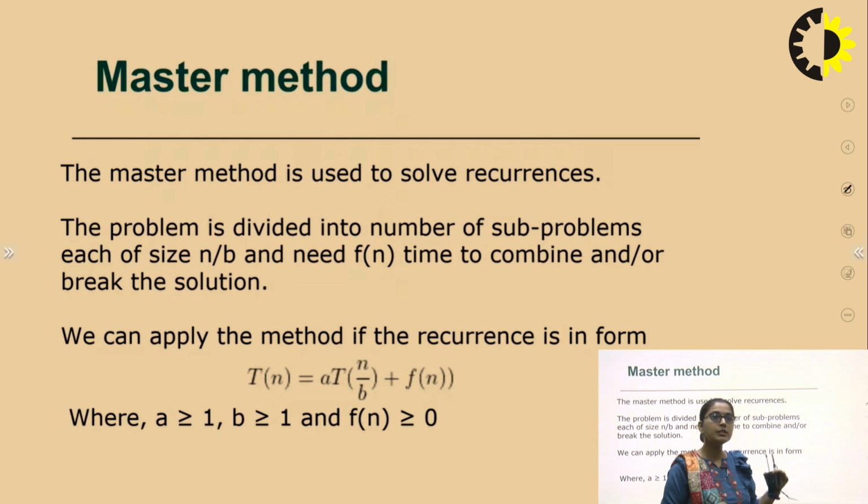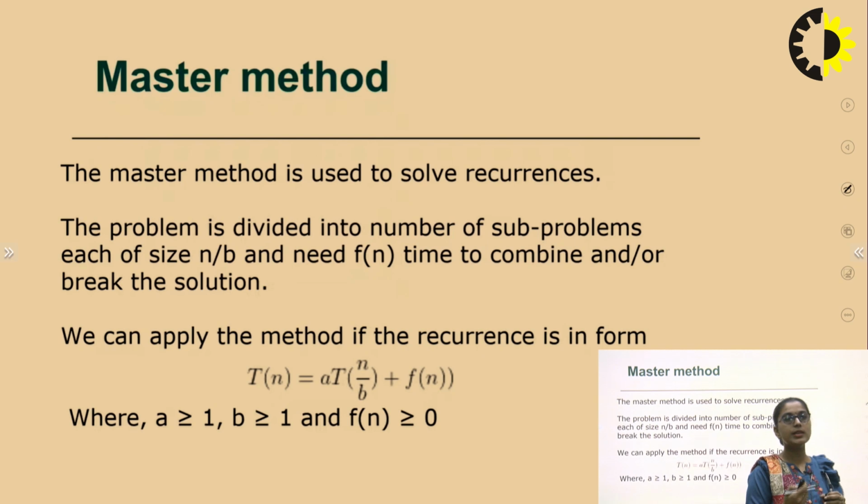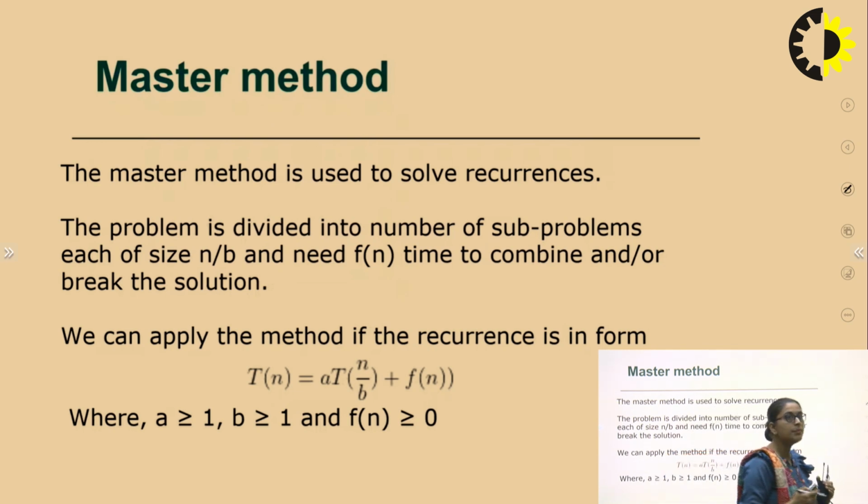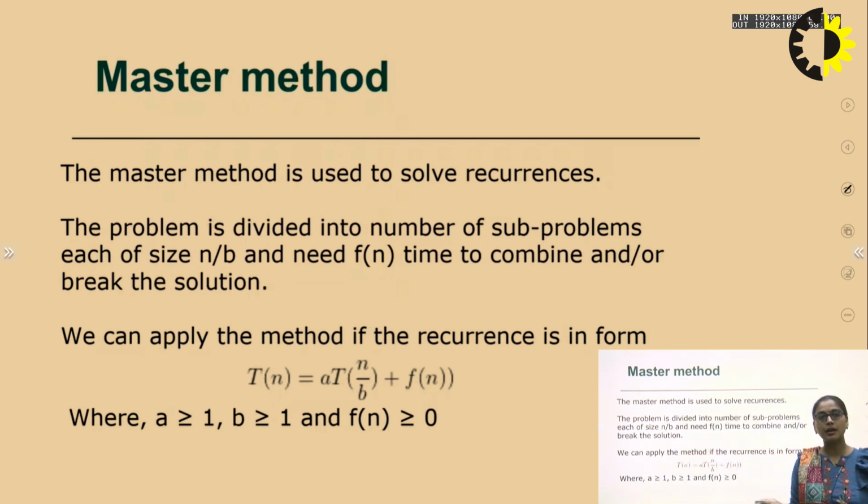But in a recursive equation, it is very difficult to find the frequency count. So for recursive equations, we need some already existing approaches. One of them is the master method. Maybe in other videos we will discuss the substitution method, the tree method and the iteration method.